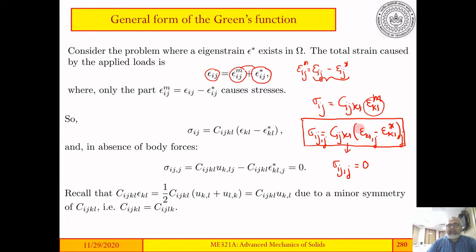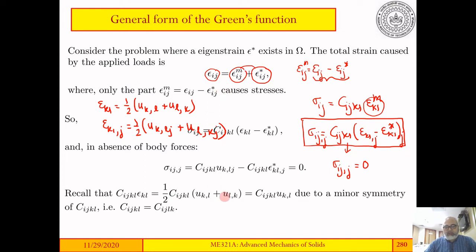And epsilon kl we know is half of (u k comma l plus u l comma k). So epsilon kl comma j would be half of (u k comma lj plus u l comma kj).